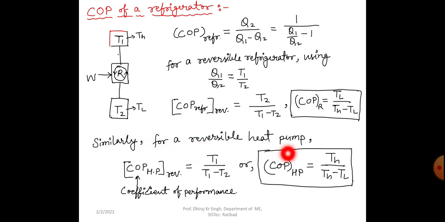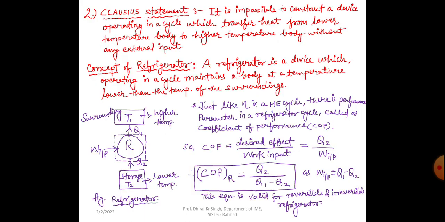Similarly, for a reversible heat pump, the desired effect is this particular portion. For a refrigerator, the desired effect is Q2, and for a heat pump, the desired effect is Q1, because in a heat pump we want to increase the temperature, in a refrigerator we want to decrease the temperature, right?